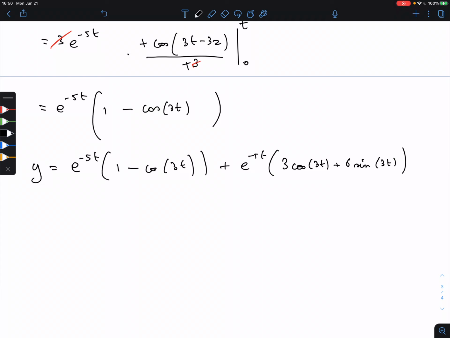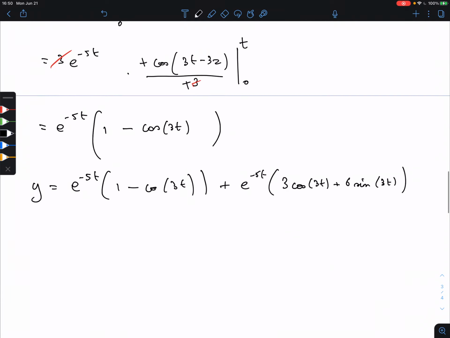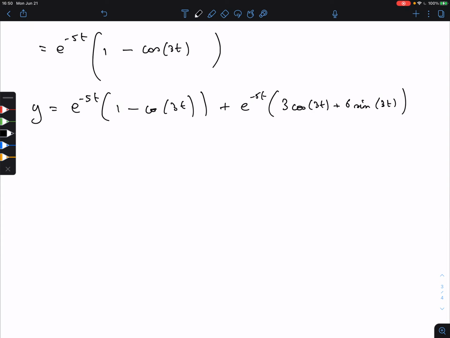Now I should warn you, and remember we did this also in the quiz, I can also ask you to do the same question now, because this f is a forcing function that we know how to deal with for second order equations with constant coefficients. That's from the previous review. I'm not going to do it, but if you do it, you get a solution that should be the same.